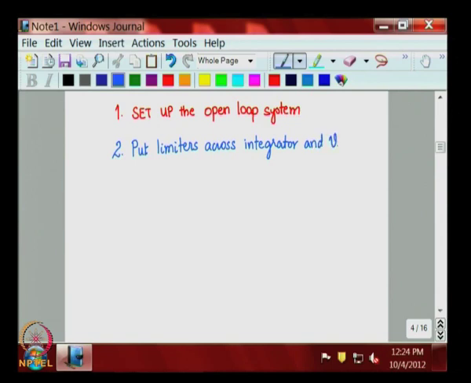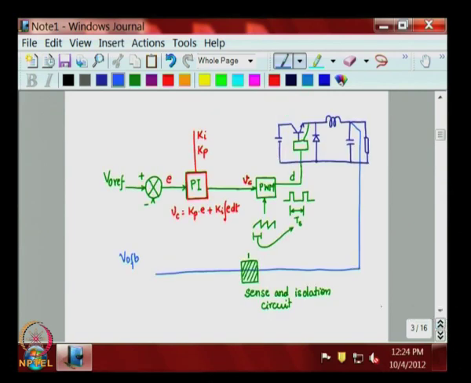And we see this is very important, very essential. What it basically means is we need to limit the voltage swing at this point.